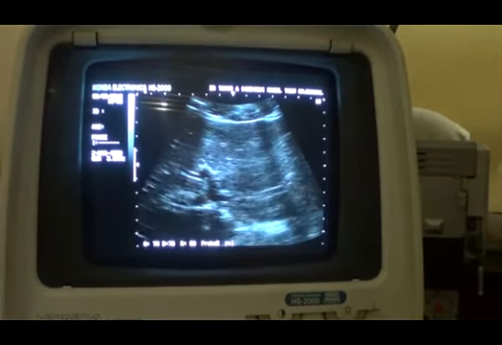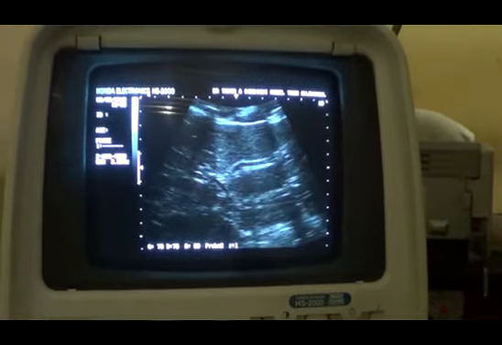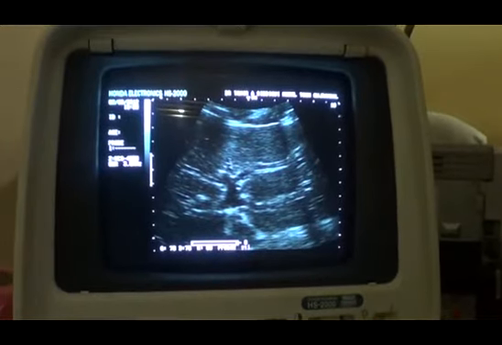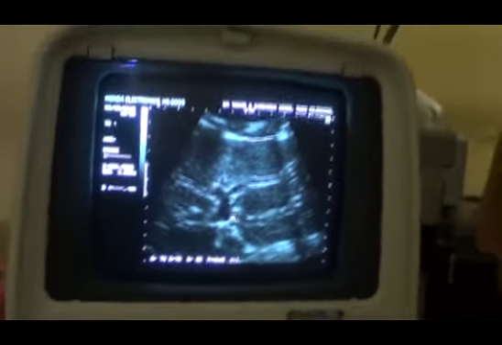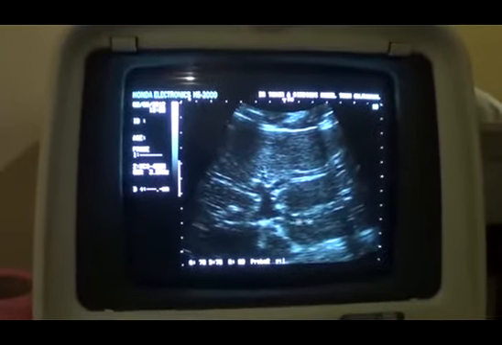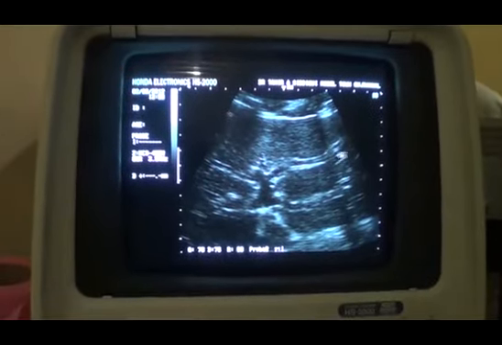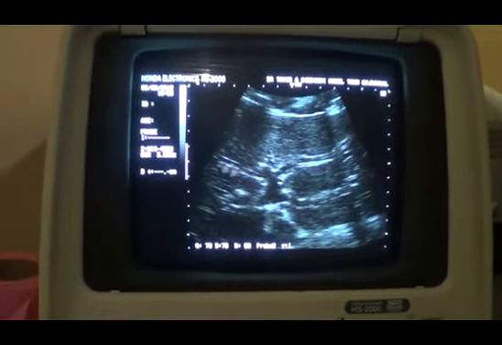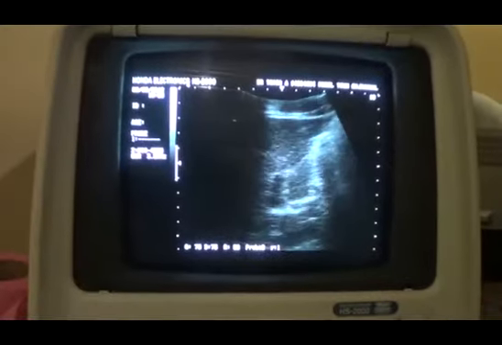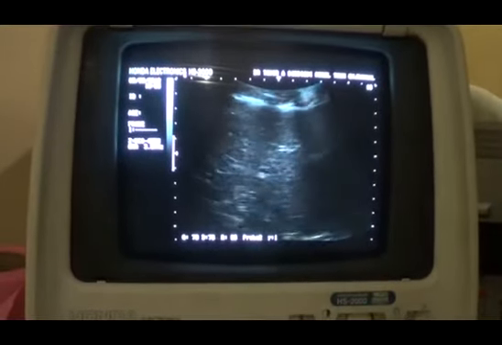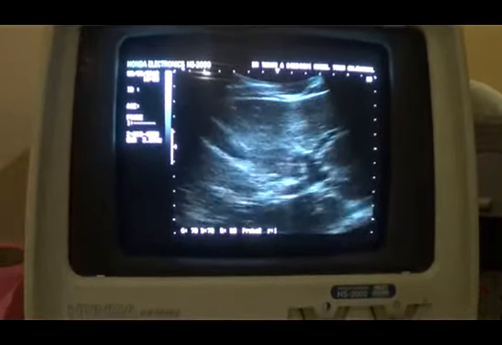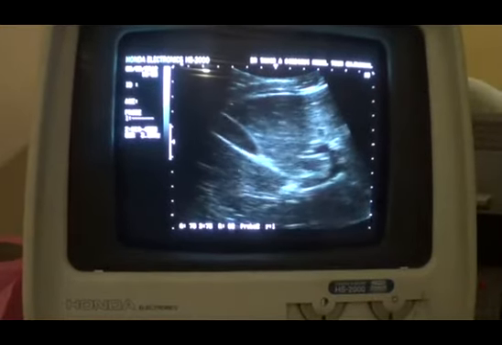These are the vessels in the left lobe of the liver: the ascending portion of the left portal vein, the left posterior branch, the left anterior branch, and the right branch of the portal vein. This is the gallbladder.